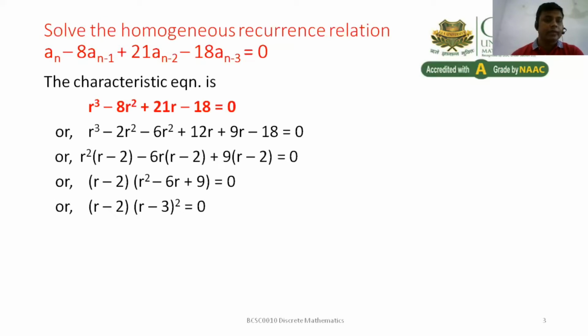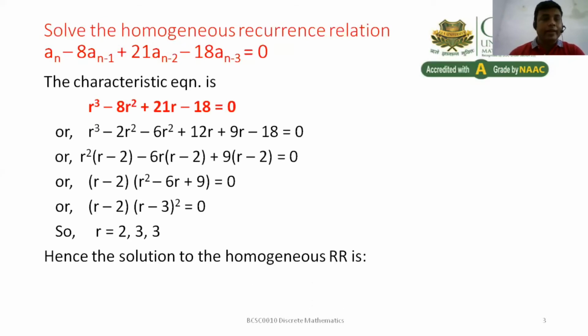Again, this can be further solved as (r minus 2)(r minus 3) square equals 0. Therefore, the roots are 2, 3, 3. Here, this is a mixture of distinct and repetitive or similar roots.